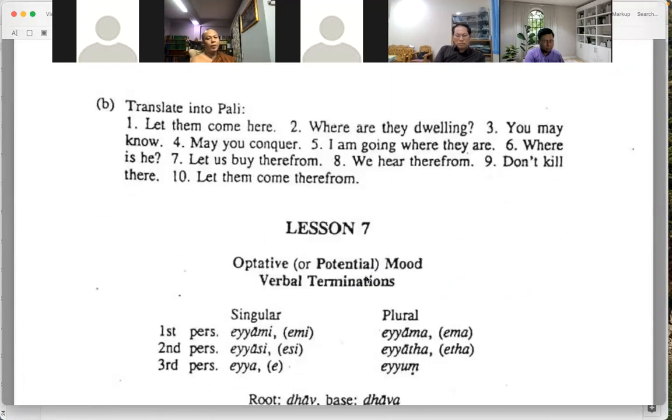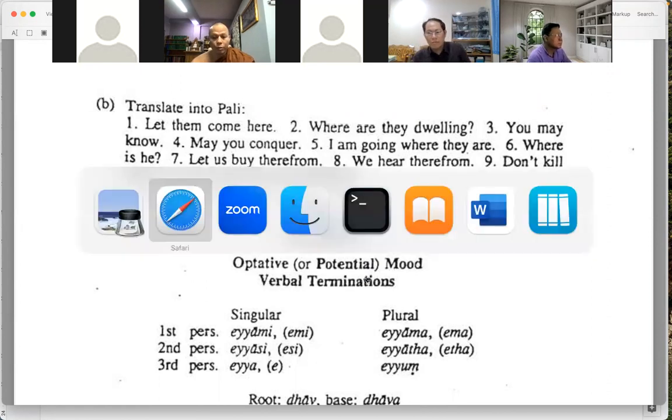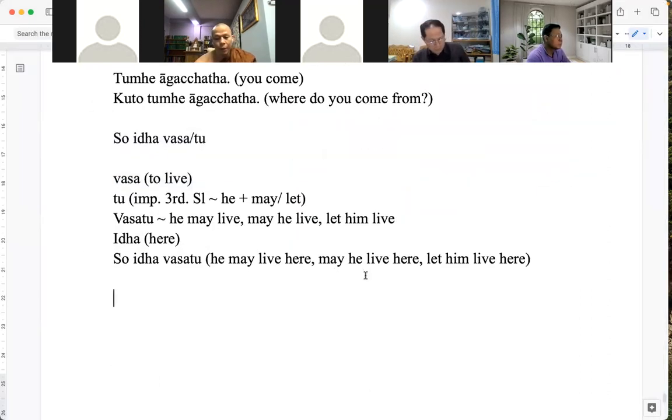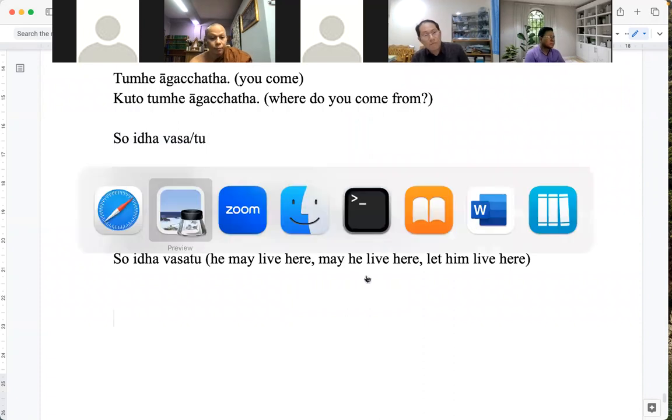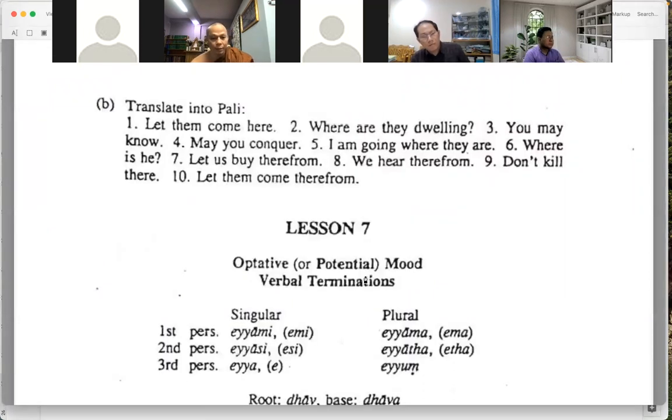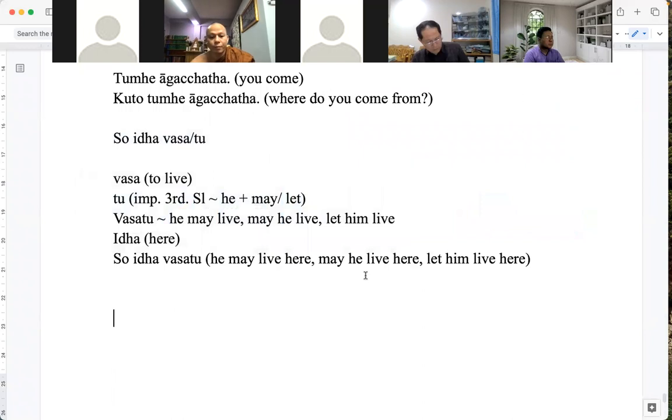Now exercise B, translate into Pali. Repeatedly, again and again, I told you to translate English sentences into Pali. Here the first example: let them come here.